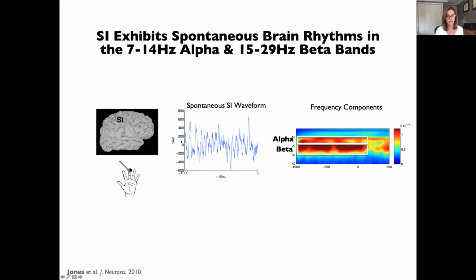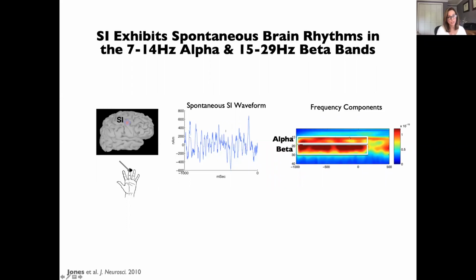And what you can see is that there's large amplitude, low frequency oscillation. When we put a frequency filter on this oscillation using a standard wavelet analysis, you see that this oscillation has a strong component in the 7 to 14 hertz alpha band and in the 15 to 29 hertz beta band.